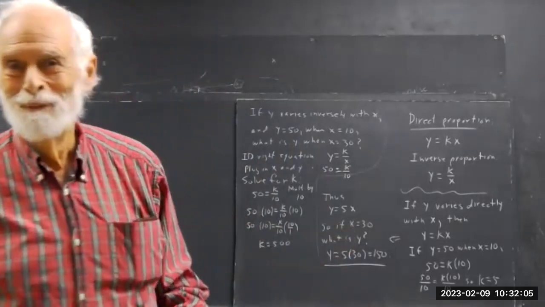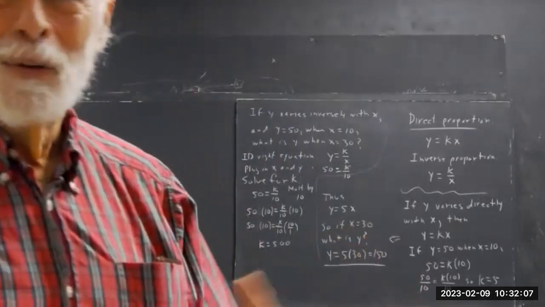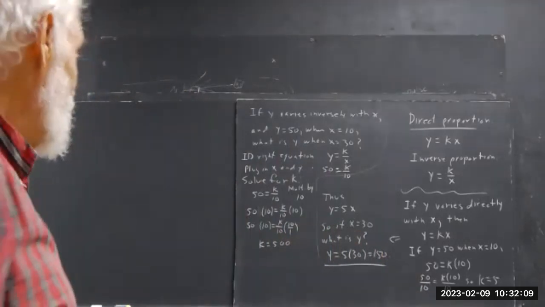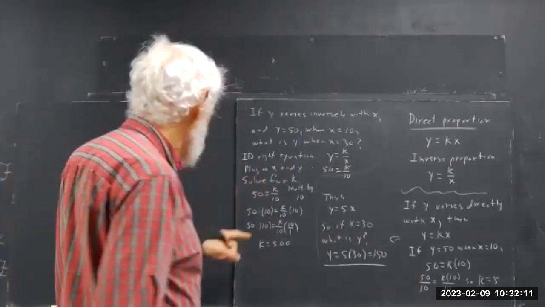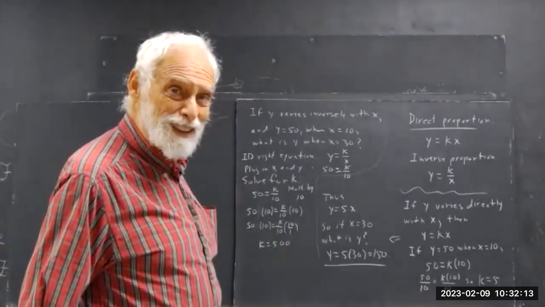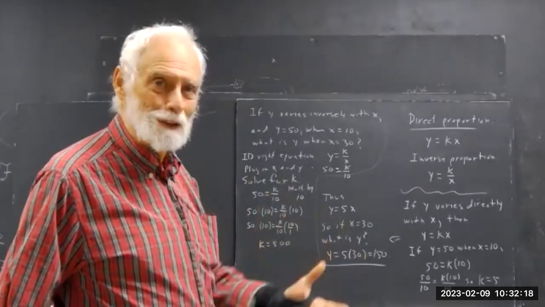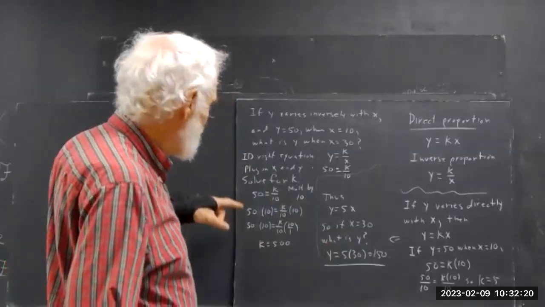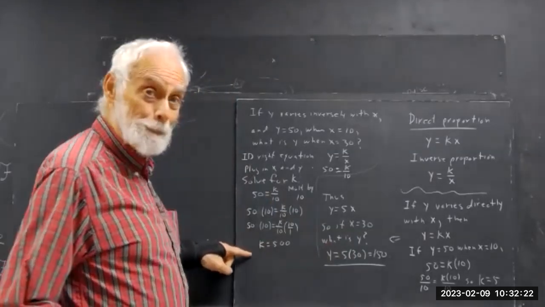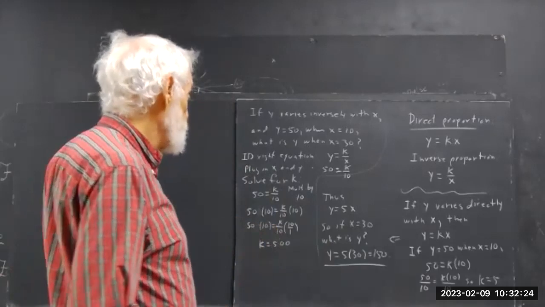So you want to be careful. Because I knew I was going to be getting 500, but all of a sudden I saw 500 times 10, that'd be 5,000. Well, I knew that wasn't right. I was thinking too much instead of thinking step by step. Anyhow, we get K equals 500.